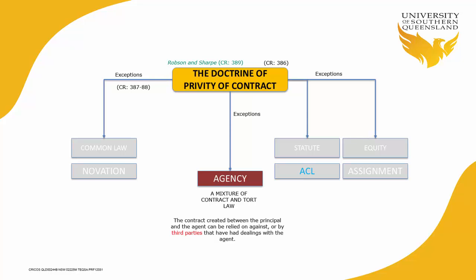That's why it's an exception. This agency law is an exception to the doctrine of privity of contract. Or this contract between the principal and the agent could be used by third parties against them. So these are third parties that had dealings with the agent for the principal. So we'll unpack it a bit more in the following slides.